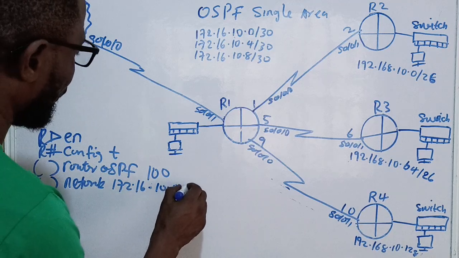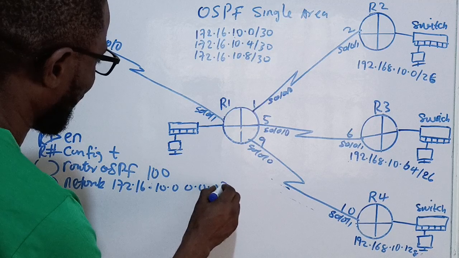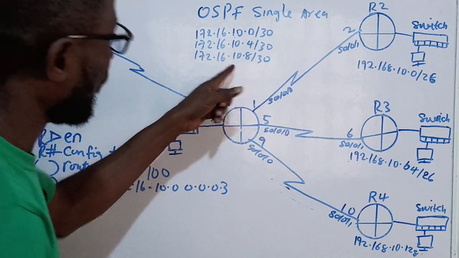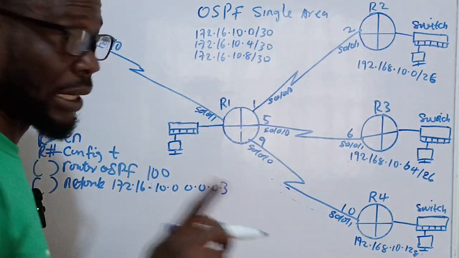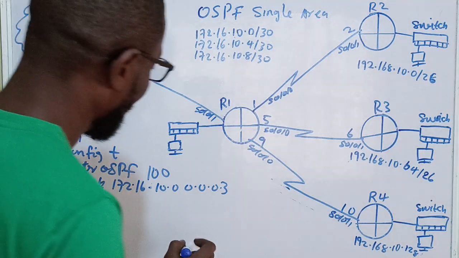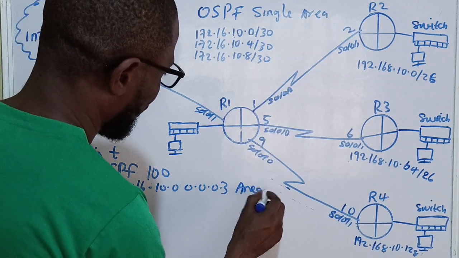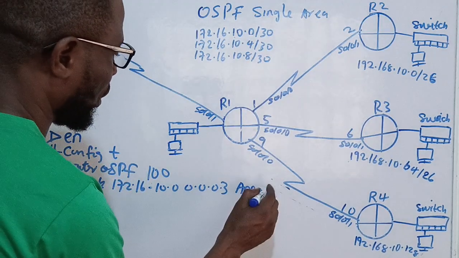Now you type network 172.16.10.0. Then you give a gap, 0.0.0.3. This is the wildcard mask, because this was subnetted with a block size of 4, which gives you a maximum of 2 IP addresses. Then you put area 0. Area 0.